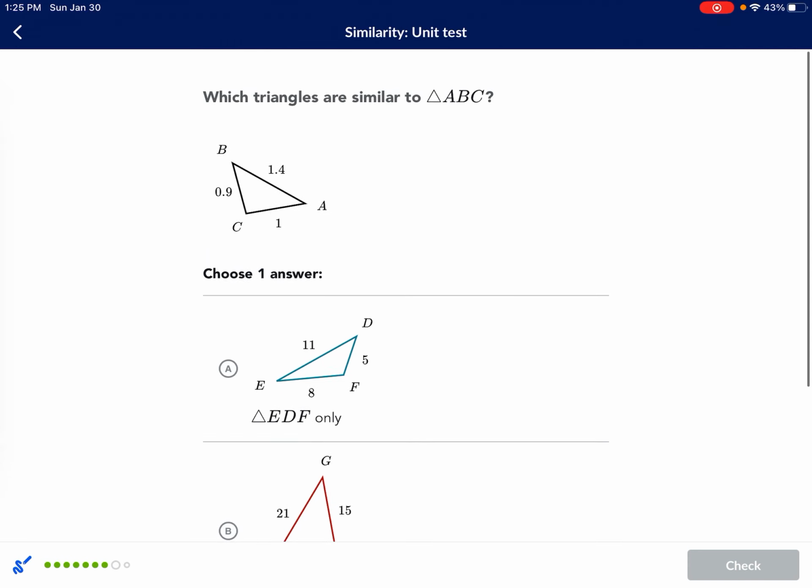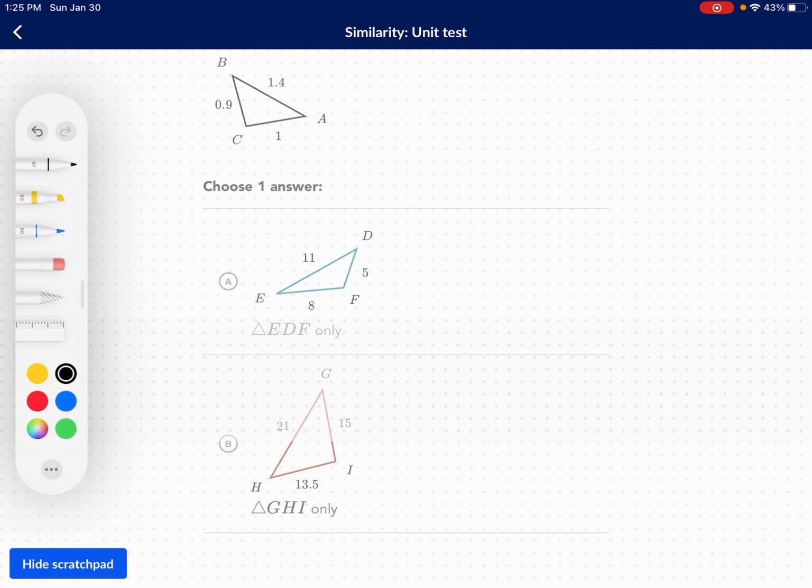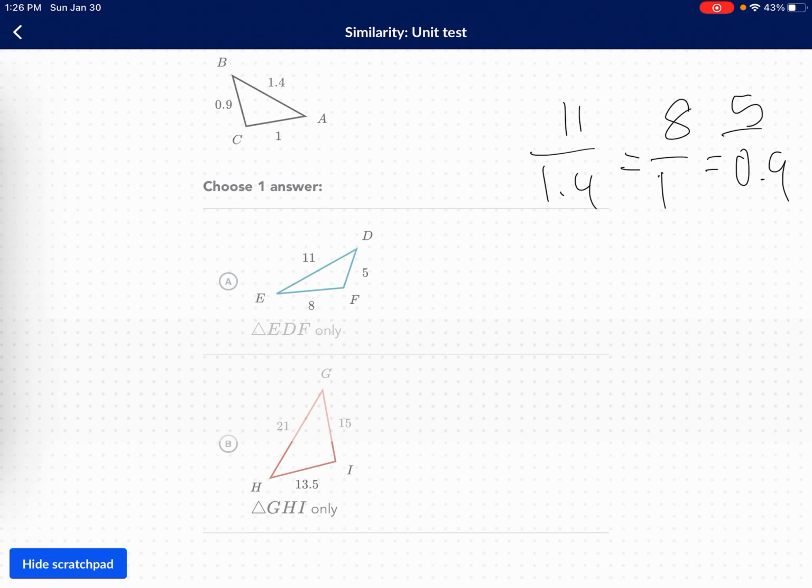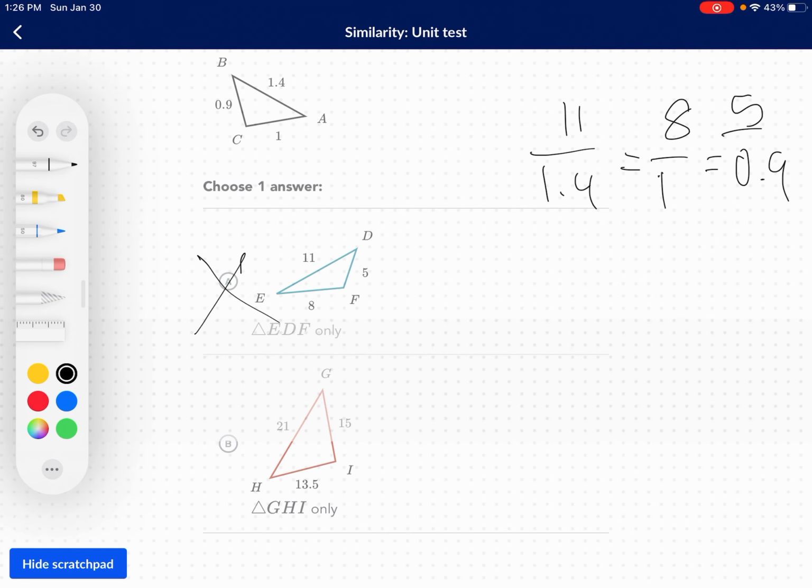Which triangles are similar to triangle ABC? Two triangles are similar if all of their corresponding sides are proportional. Let's check this triangle. 11, the longest side, over 1.4, the second longest side 8 over 1, and the shortest side 5 over 0.9. It's not A because the proportions are not the same.